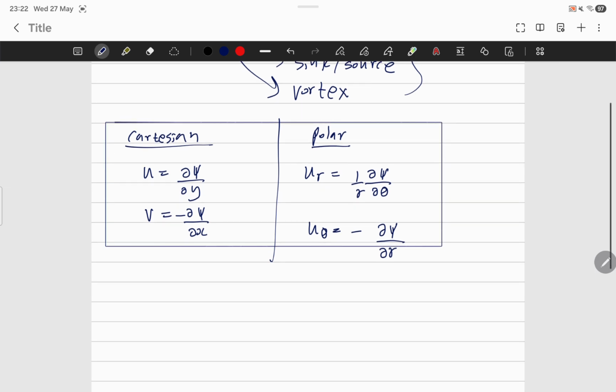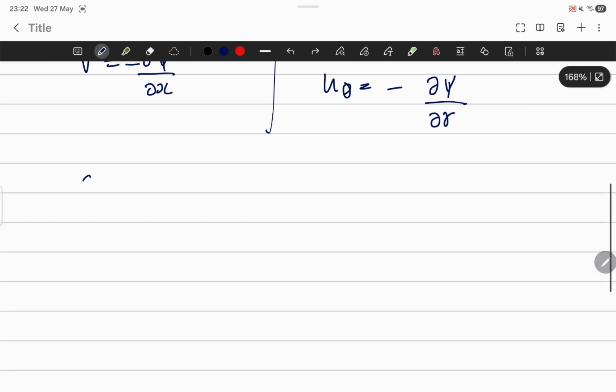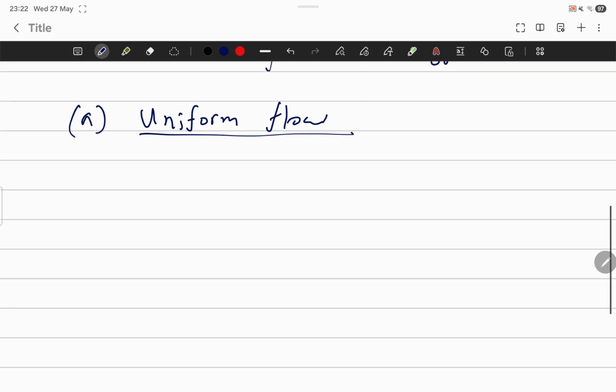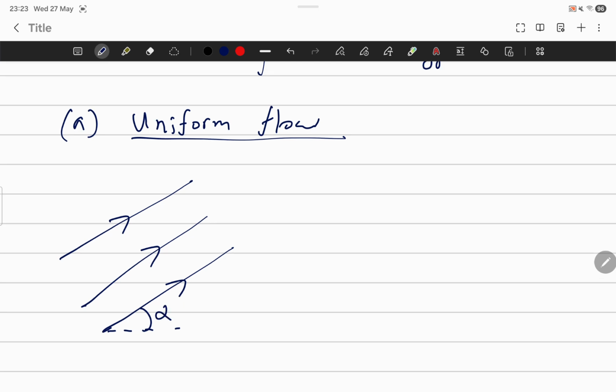So let's go to the uniform flow. First one is uniform flow. So for the uniform flow, let's consider a flow which has an angle alpha to the horizontal line, right?